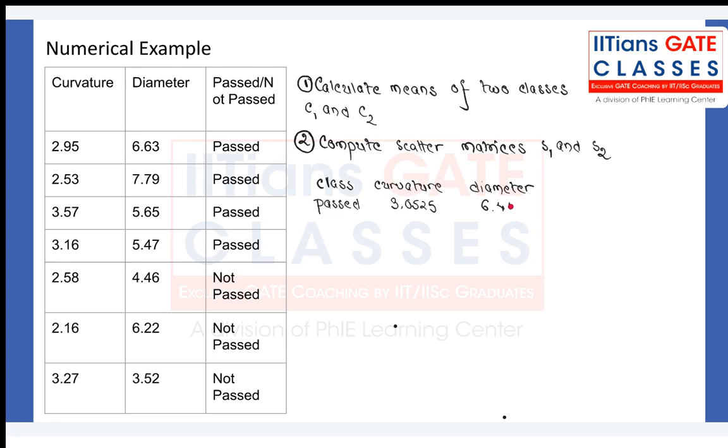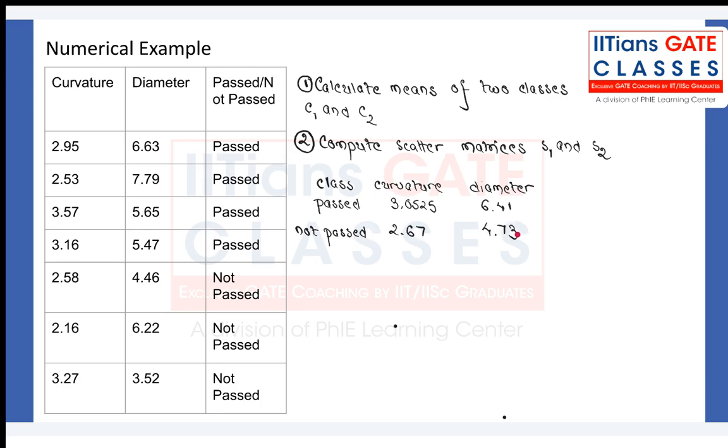Similarly, for not passed, if you take the mean, for curvature you get 2.67, and for diameter, you get 4.73.